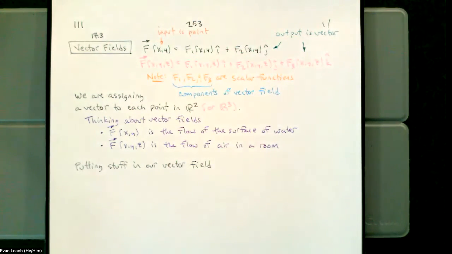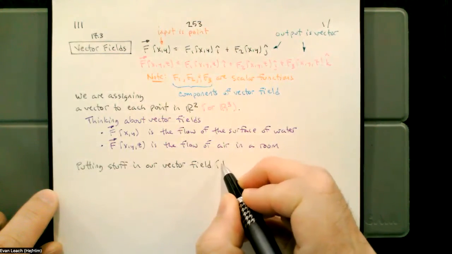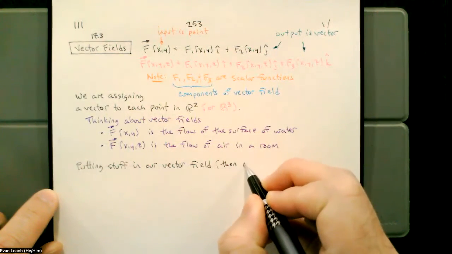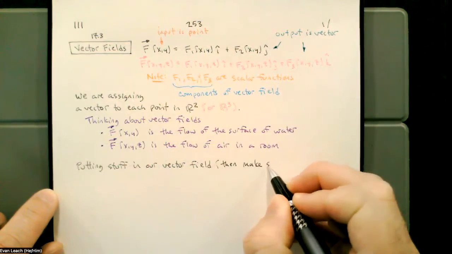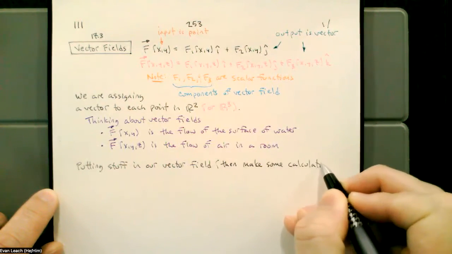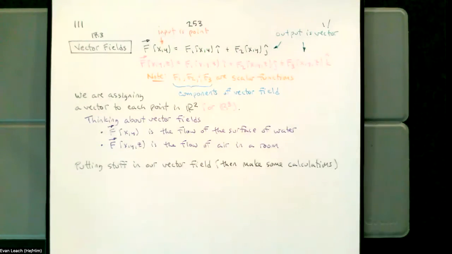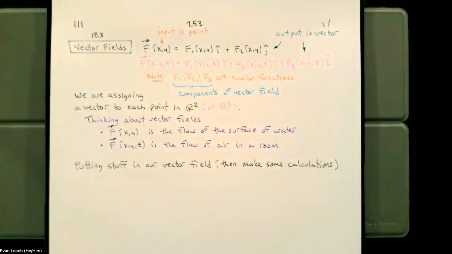Once we have an idea of what the vector field is doing, we're going to start sticking stuff into the vector field and then making calculations. Because of course we're going to be making calculations. This is the math class. If you didn't think calculations were going to show up, man, you're in the wrong math class.